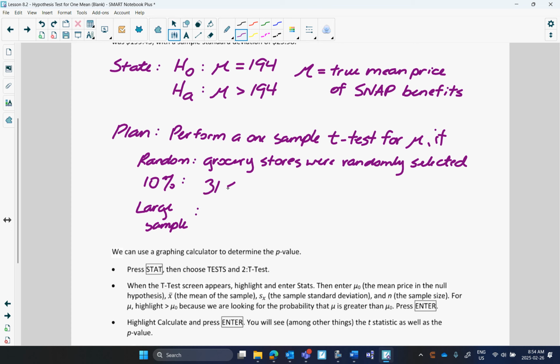Less than 10% of all grocery stores in the US? Absolutely. And the large sample, which allows us to use a t-distribution, well, is the sample size greater than or equal to 30? Yes.